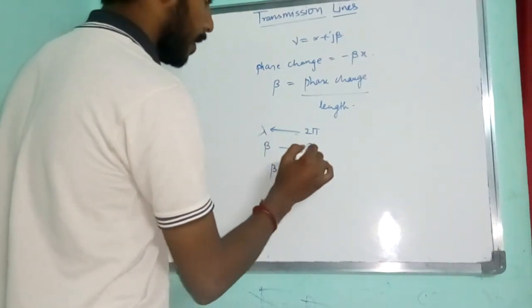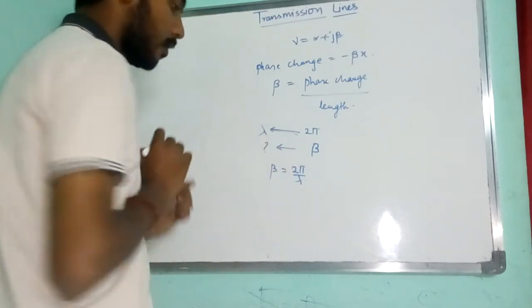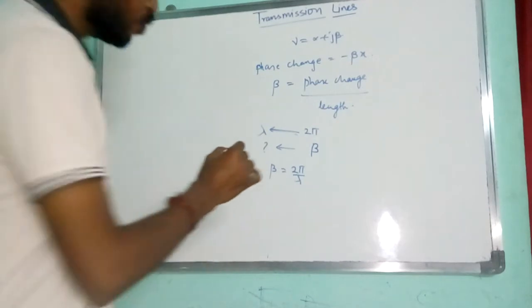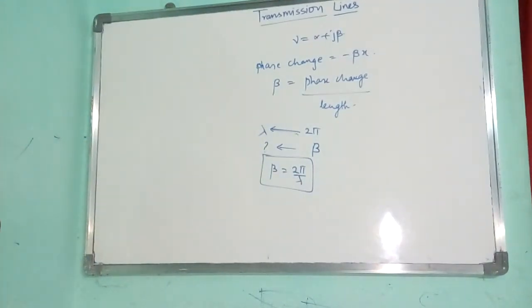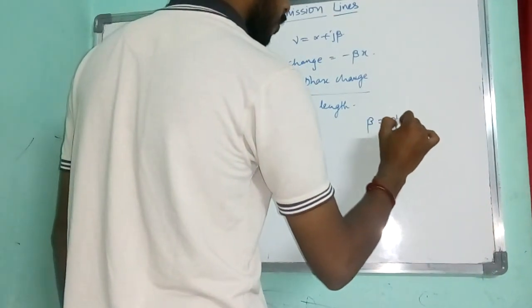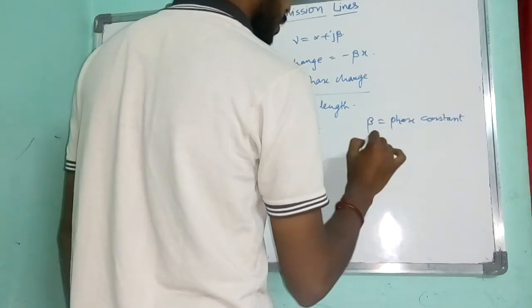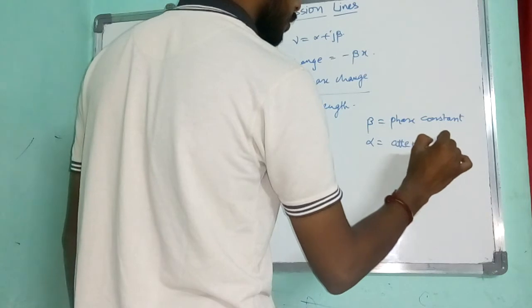Beta should be 2 pi by lambda. For beta, how much is the phase change? It is 2 pi by lambda. Right? This is called a phase constant. Beta is called the phase constant. Alpha is called the attenuation constant.